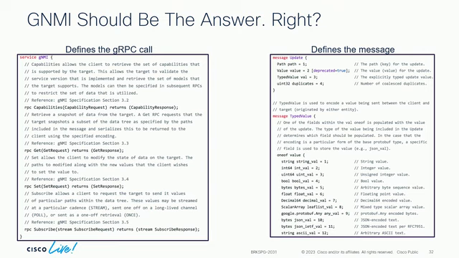And there are plenty of clients available to you right now. For example, you can use PyGNMI, you can use the official OpenConfig GNMI client, you can use GNMIC, and those clients are just implementations in different languages.